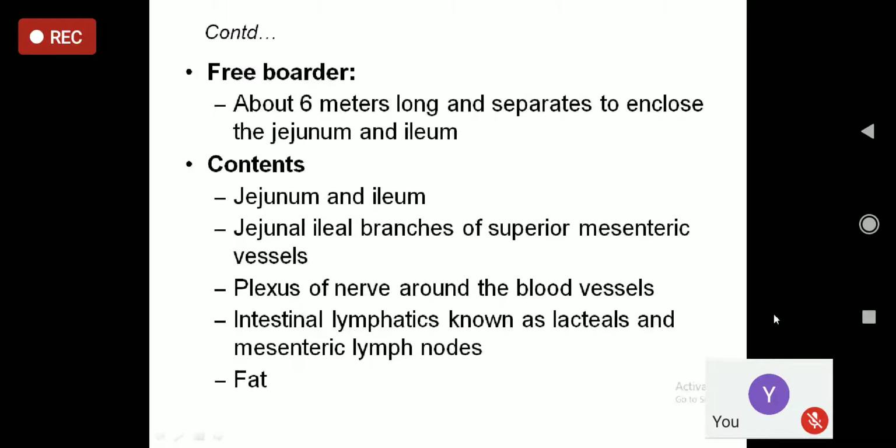The contents of the mesentery are the jejunum and ileum, the major content, the jejunal and ileal branches of the superior mesenteric vessels, plexus of nerves around the blood vessels, intestinal lymphatics known as lacteals, the mesenteric lymph nodes, and fat. The main content is the jejunum and ileum and the branches of the superior mesenteric vessels which supply them, plexus of the nerves, intestinal lymphatics and fat.